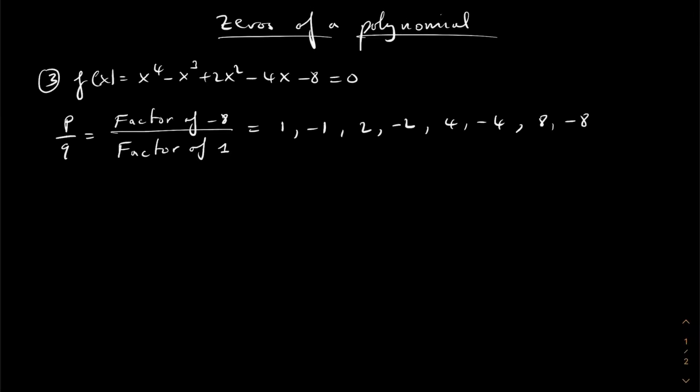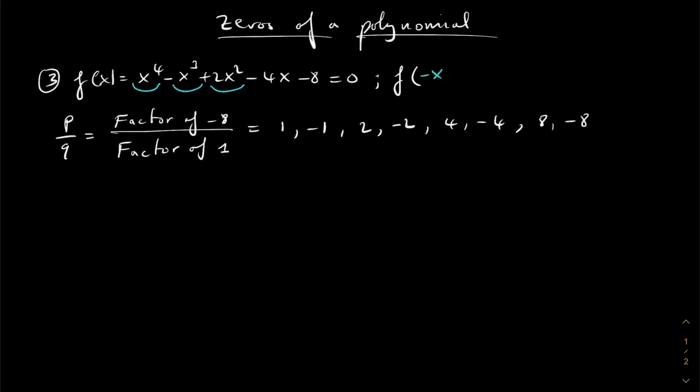And then let's use the Descartes rule to figure out how many positive real zeros we have and how many negative real zeros we have potentially. And so we're going to notice here that f of x has 1, 2, 3 sign changes. And so what that means is that this f of x polynomial is either going to have 3 positive real zeros or 1 positive real zero.